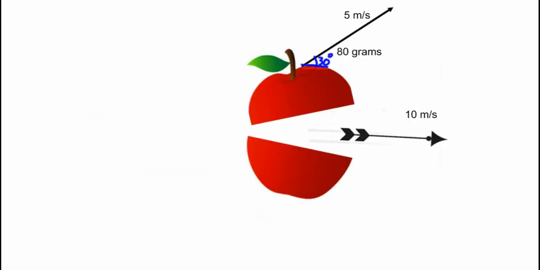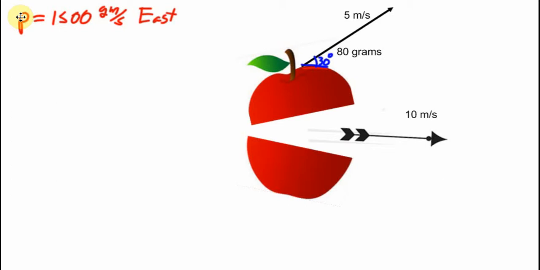When we come to this problem, we know that after the collision, the momentum must be 1,500 gram meters per second. And I'm just going to say east here because we remember that it was going in that easterly direction. Okay? So the north-south is 0, but the east is 1,500.